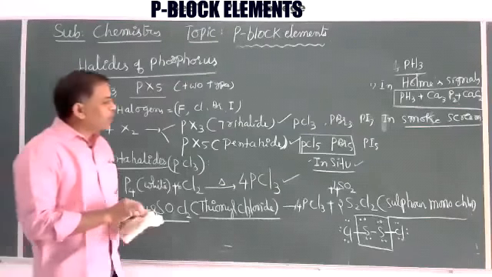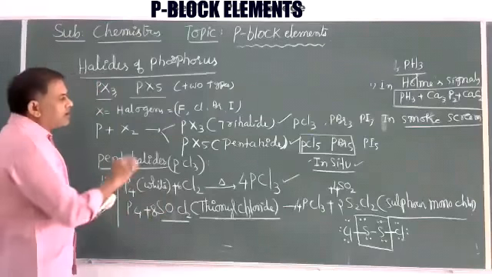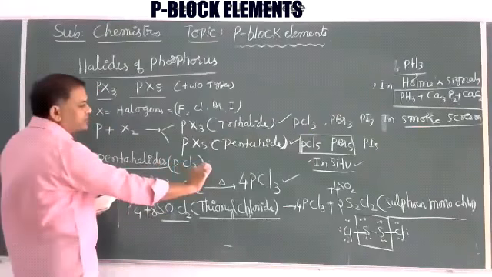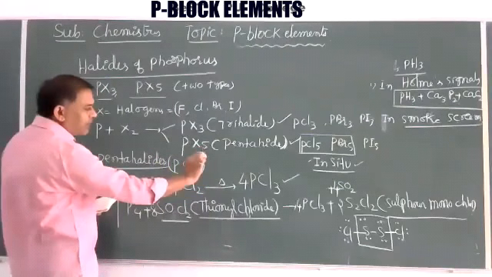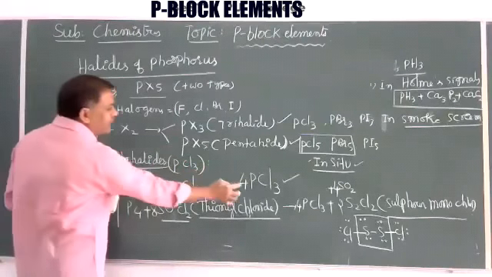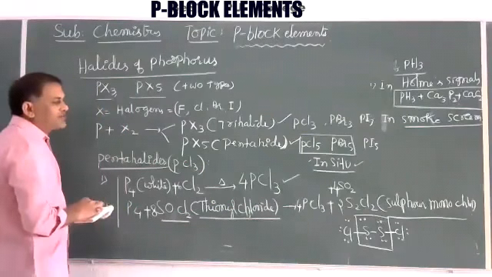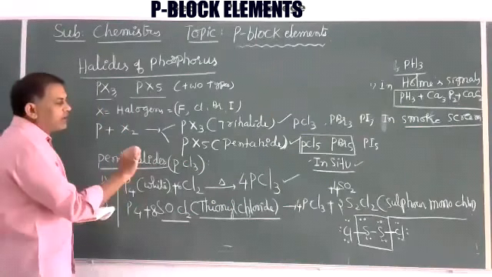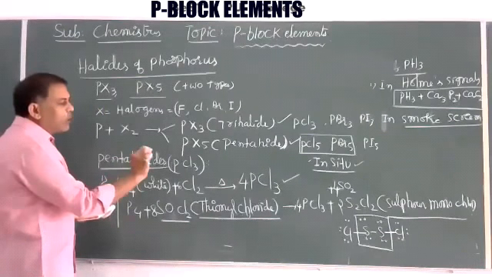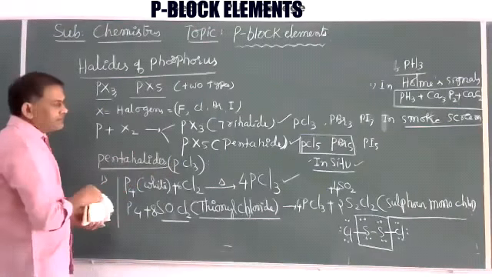Now phosphorus trichloride, phosphorus tribromide, whatever it is in organic chemistry, is very, very important. The obtained PCl3 is generally an oily, yellow colored liquid substance.